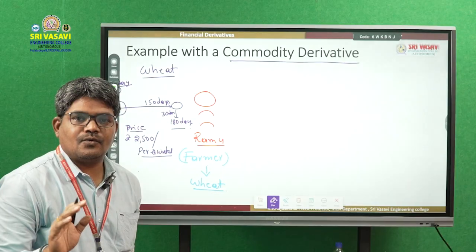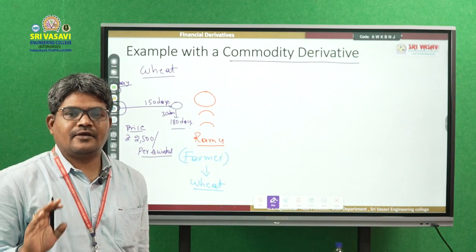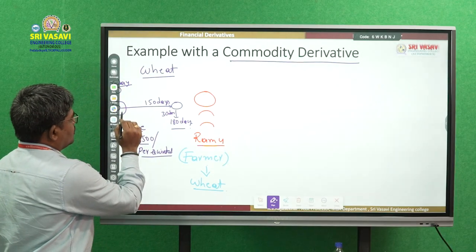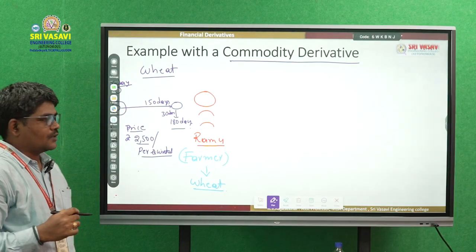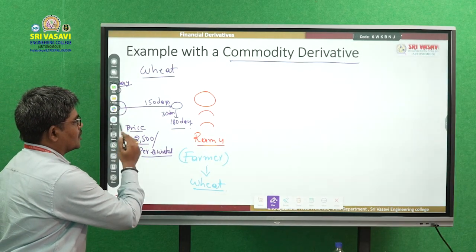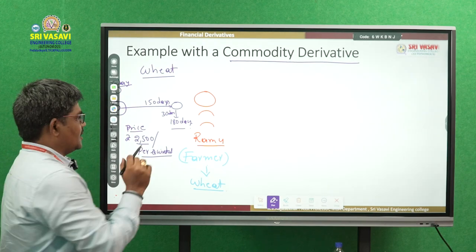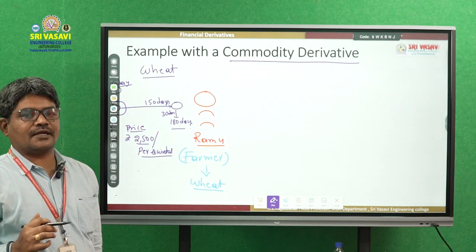Now I said one of the underlying features of any sort of market is variability in price. Today it is 2,500. We don't know how the price will be after 150 days. Especially Ramu doesn't know what the price may be after 180 days, at the time of selling his agri output into the market.